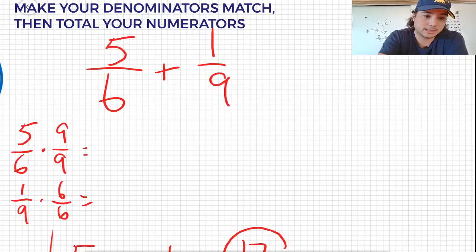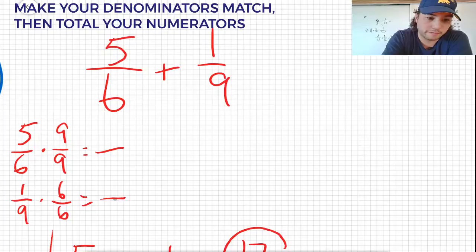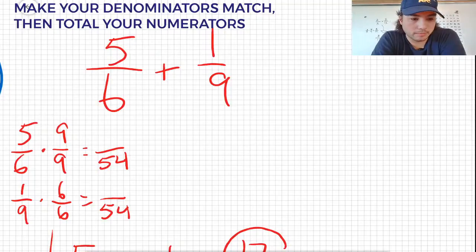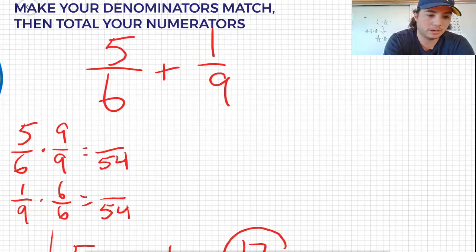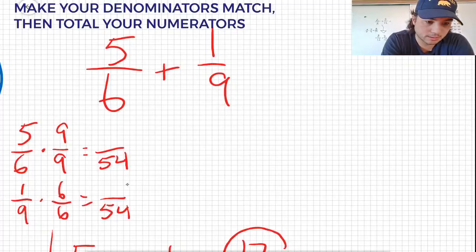Okay, so 6 times 9 or 9 times 6 is 54. Right? And then people are saying in the chat, yes, but then you have to reduce. Definitely, and you will see why here. Okay, let's figure out how many 54ths we have. 1 times 6 is 6. 5 times 9 is 45.